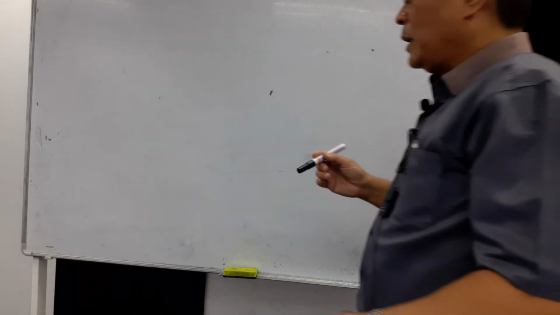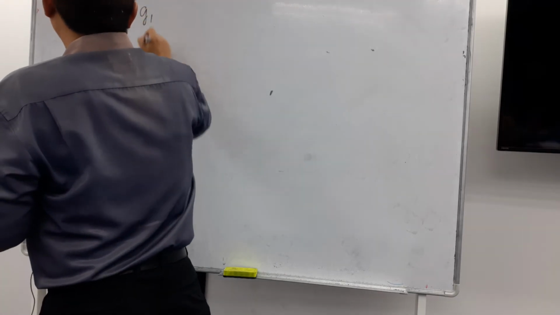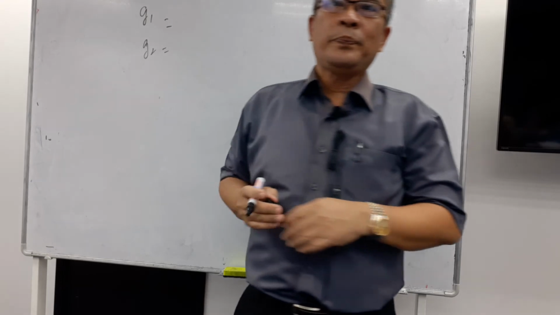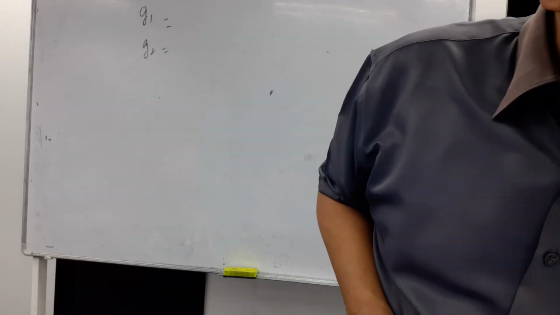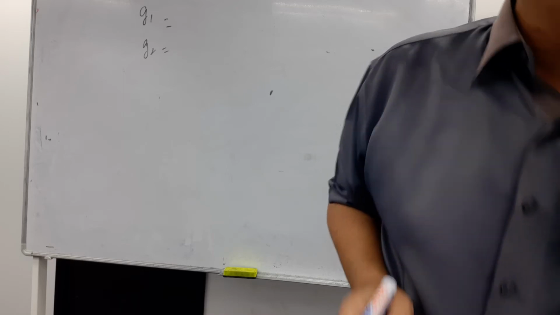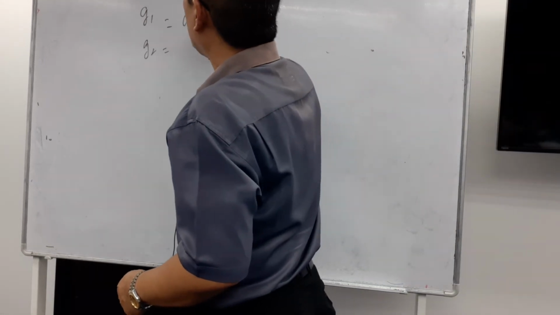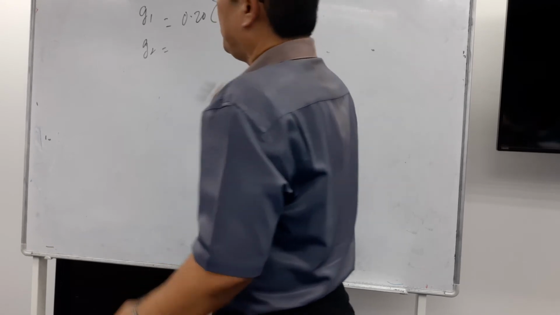So you label them G1 and G2. G1 is 20%, or 0.20, from year 1 to year 5.